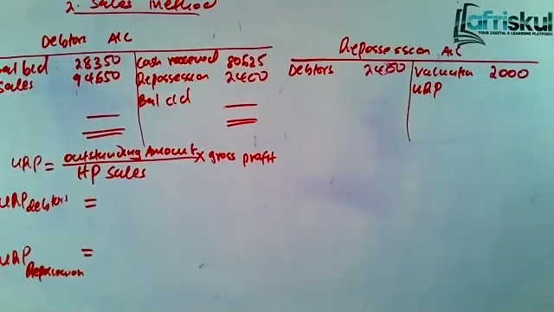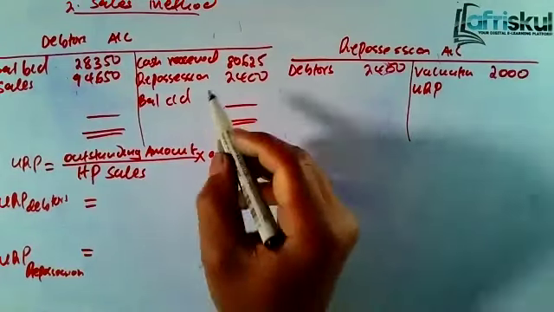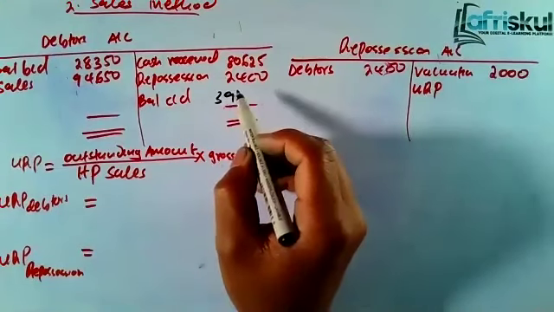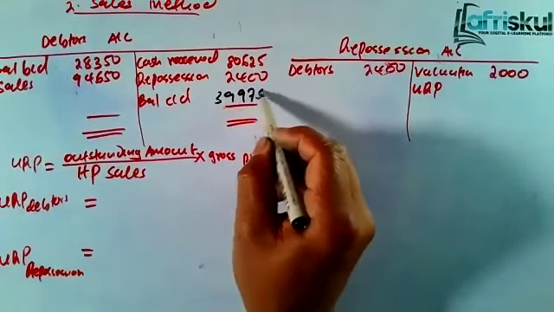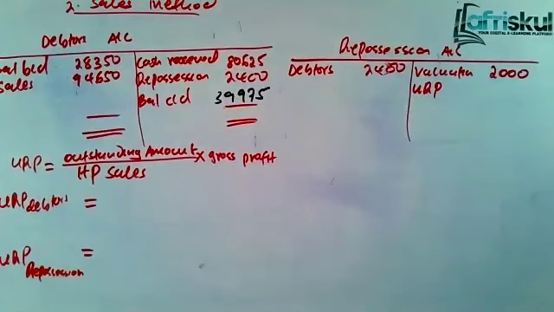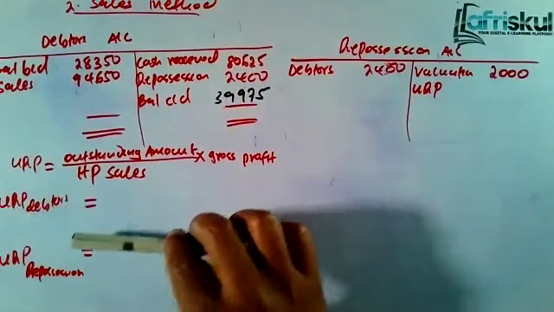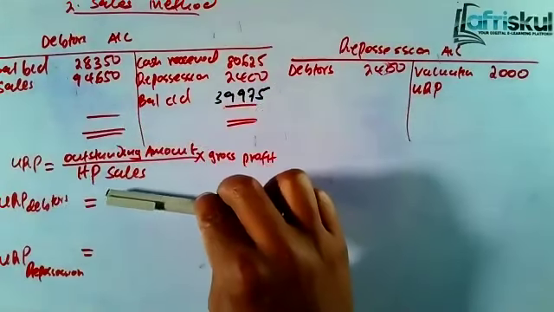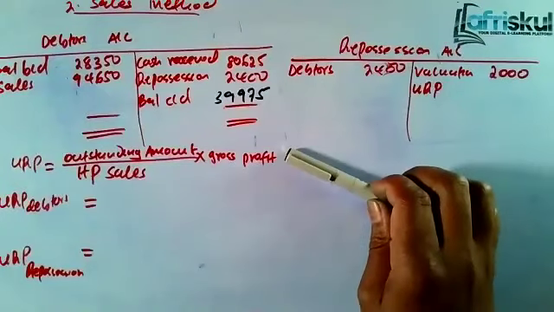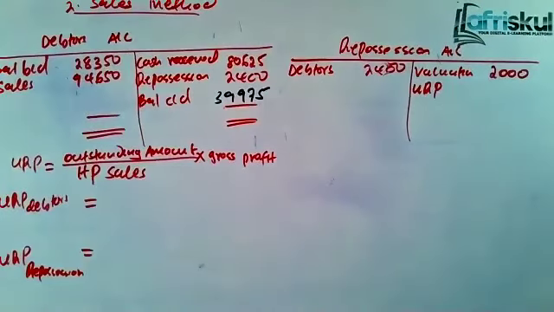Yeah, the balance carried down, it's that 975. Now let's compute the unrealized profit. We said you take the outstanding amount, divide by the hire purchase sales times gross profit. So itakuwa hivi, tuangalie hapa.